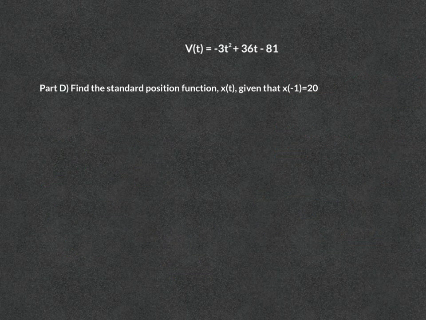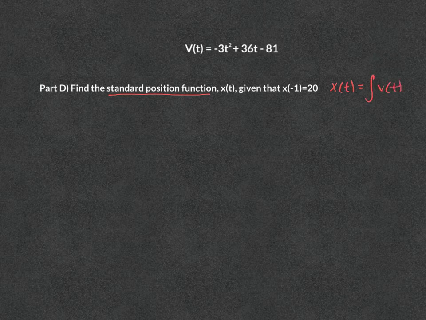Okay, part D says, find the standard position function given that x of negative 1 is equal to 20. So remember, to find the standard position function, we have to integrate v of t. So x of t is equal to the integral of v of t dt.